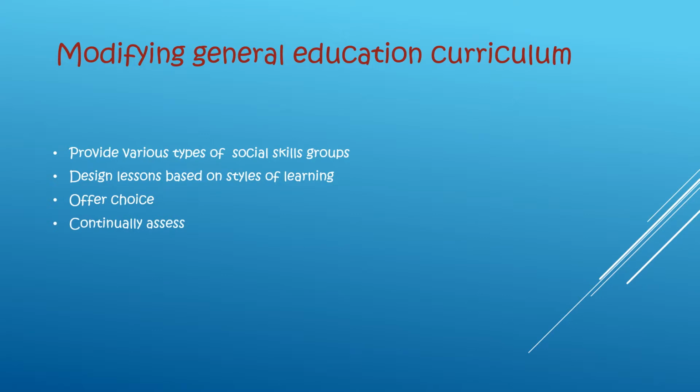Additionally, you can assess the information constantly to determine what's working and what's not working. But remember, start small. If you throw too many things out at once, you're not going to know what's really working. And finally, you can enlist the help of a gifted student by asking them to act as a mentor or guide to another student in a group.